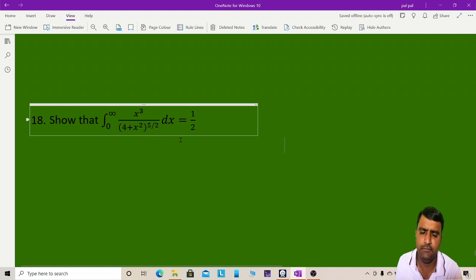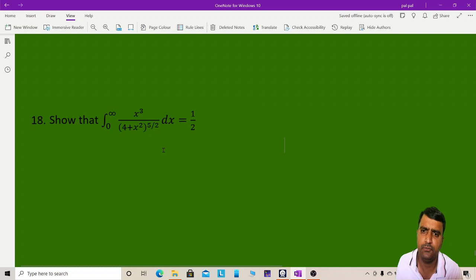Here I give a hint: put x is equal to 2 tan theta, or just try some other value. Try by taking the substitution x is equal to 2 tan theta.